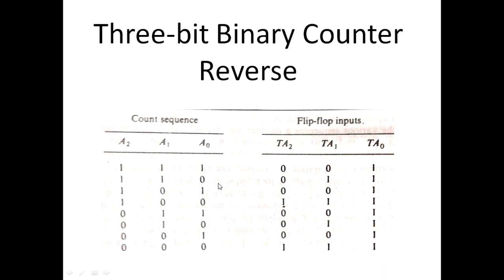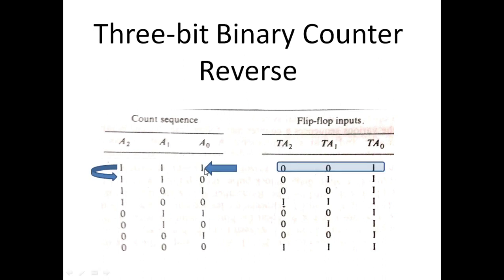Now what should be the sequence of inputs at the 3 flip-flops so that we get this binary count sequence? We can create the values in these columns the same way as we did for the 3-bit binary counter in the forward direction.